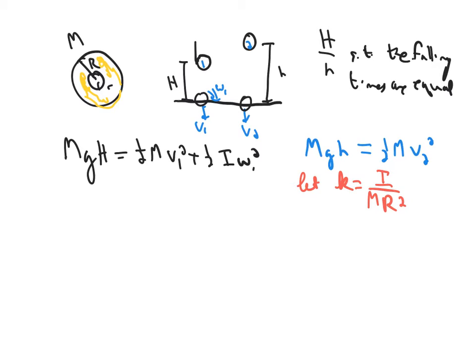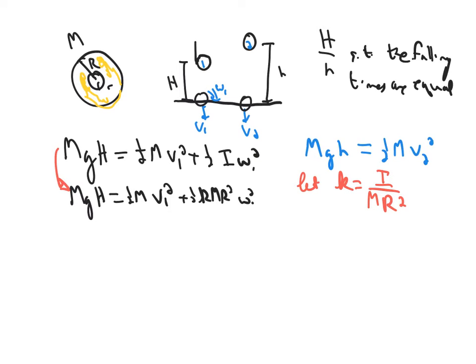That just lets us simplify some of the writing, because now this equation can be written as mgH is 1/2 mv1 squared plus 1/2 k mR squared omega 1 squared.